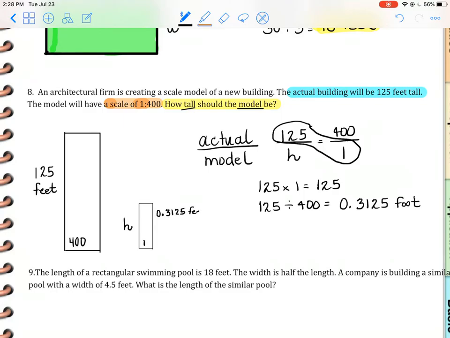But if you want to convert it to inches, let's multiply that by 12. So 0.3125 times 12 is 3.75 inches.